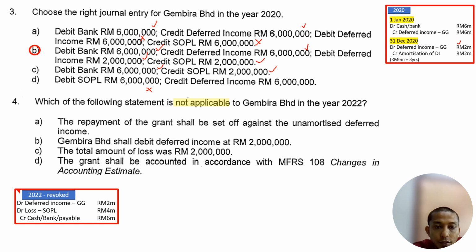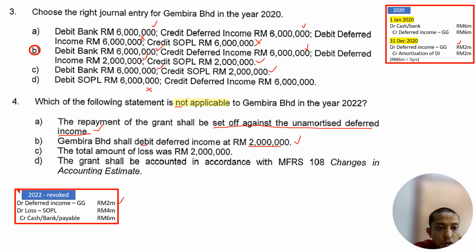The repayment of grant shall be set off against unamortized deferred income. Not applicable, so this one is correct, because we debit the deferred income first. So Gembira Berhad shall debit deferred income 2 million. Correct. So not applicable.